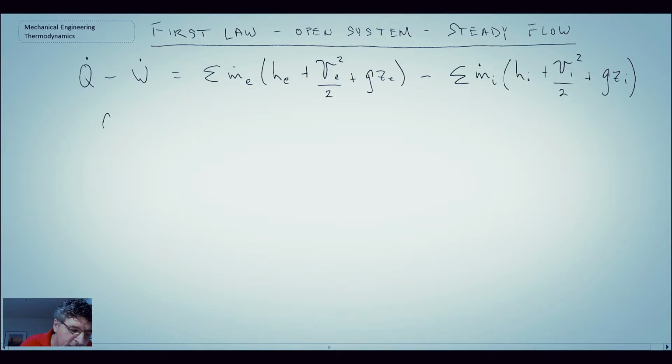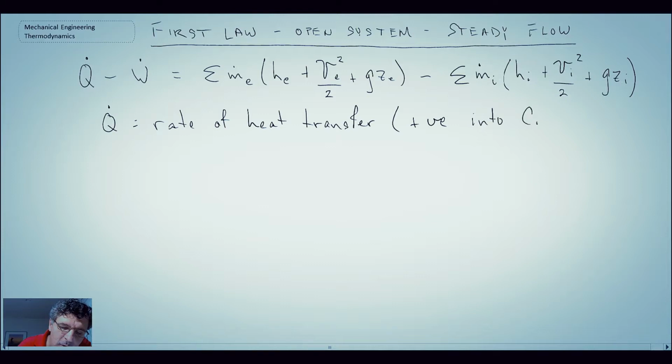The different terms that we have in the equation: Q dot is the rate of heat transfer. And remember, we talked about the definition of the direction, or what would be a positive term here, and we'll define it as being positive into our control volume. Work, that is work being done by the system.